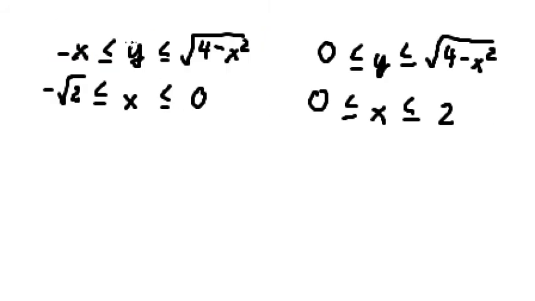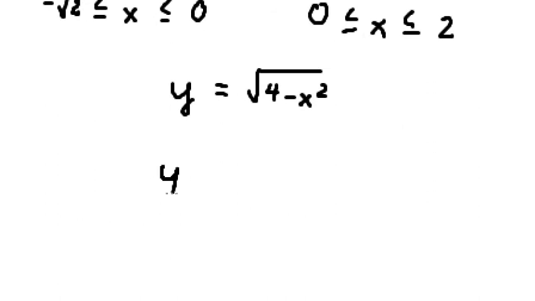Now, we need to concentrate about this function because we have the same in here. So, we have y equals to the square root of 4 minus s squared. Now we put the power 2 for the both sides to cancel about the square root.